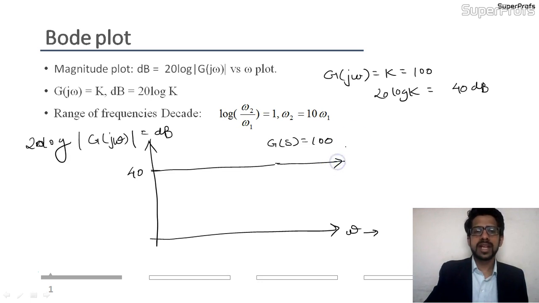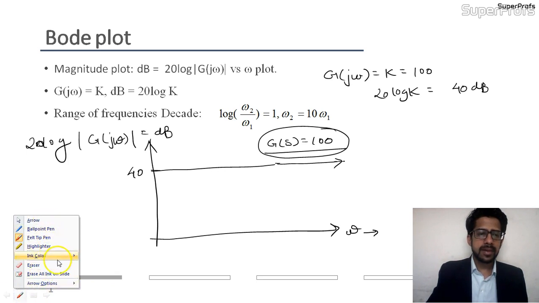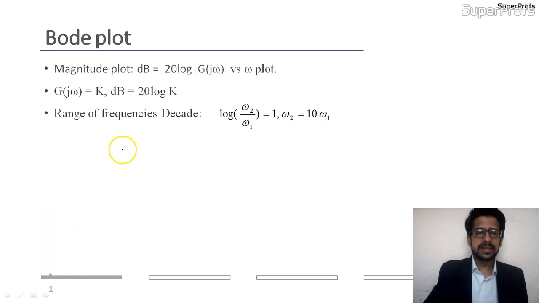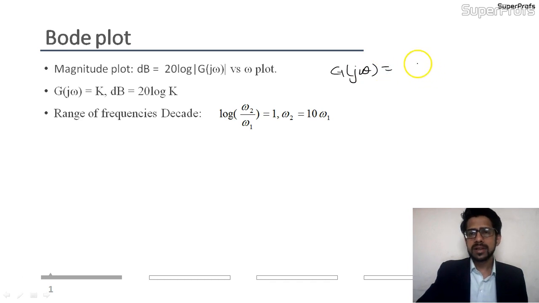There are a lot of problems in the GATE exam where you have to determine the transfer function by looking at the Bode plot, or you have to calculate some terms on the Bode plot using the transfer function. Let us see another simple example, wherein G of j omega is equal to K upon s.